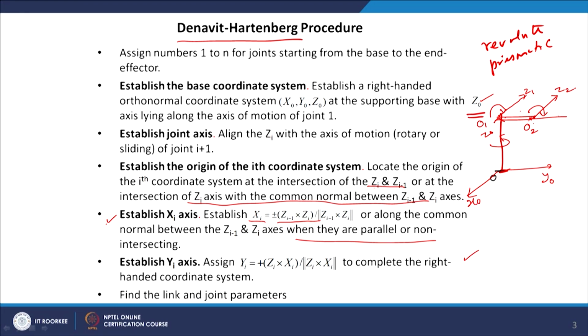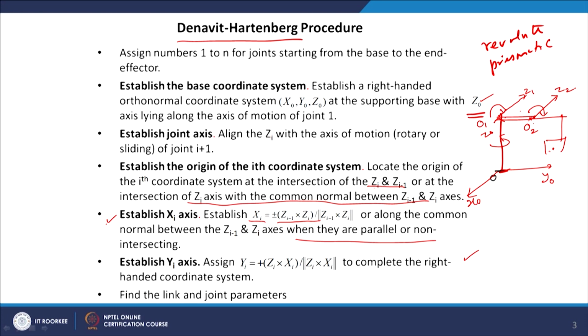Now, the end effector of the robot manipulator is a special joint. Here there is neither rotation nor translation because it is at the end of the manipulator. So, we have to assign a coordinate frame without considering the revolute or prismatic joint.